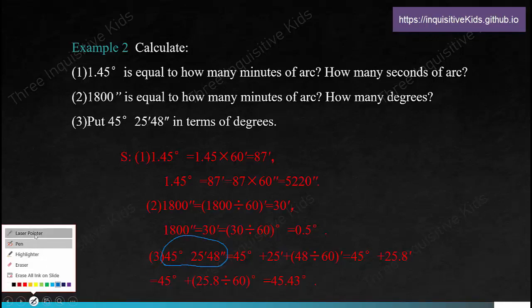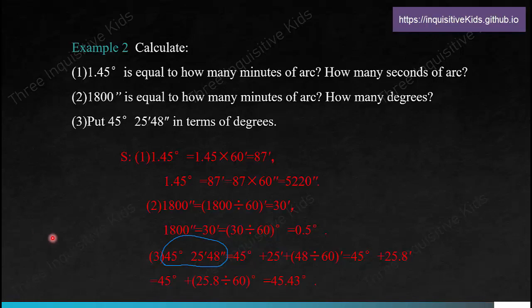So 45 degrees, 25 minutes of arc, and 48 seconds of arc is equal to 45 degrees plus 25 minutes of arc plus 48 divided by 60 minutes of arc, which is equal to 45 degrees plus 25.8 minutes of arc, which is equal to 45 degrees plus 25.8 divided by 60 degrees, which is equal to 45.43 degrees. Hope you got these all right.